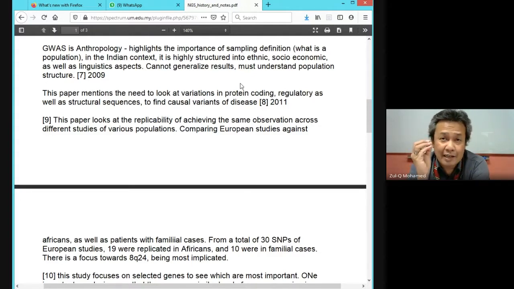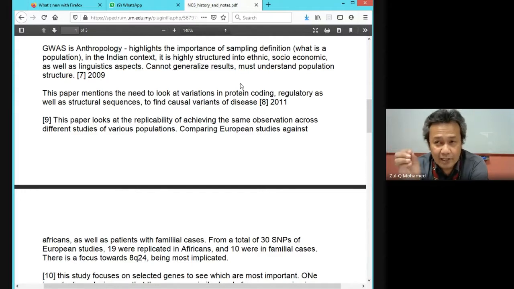And then at the moment, a lot of studies are just looking at association between phenotype and variation, but they don't really know what the variation does. So this is where current studies are moving towards.